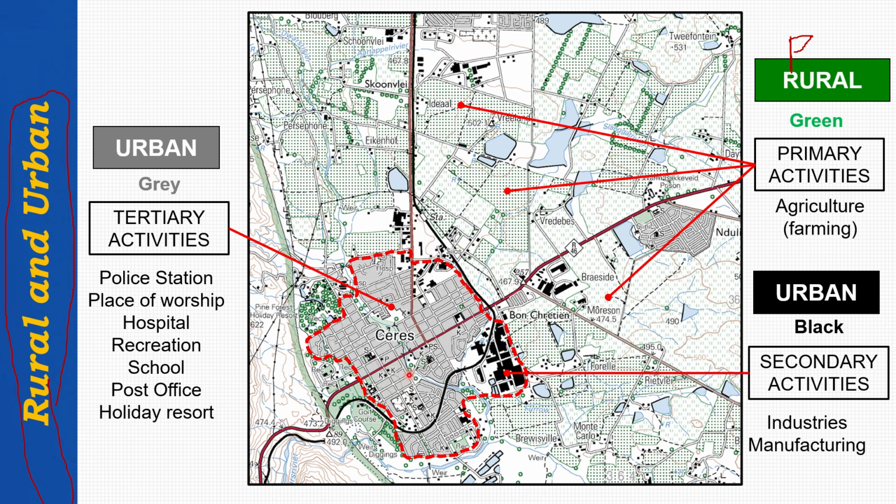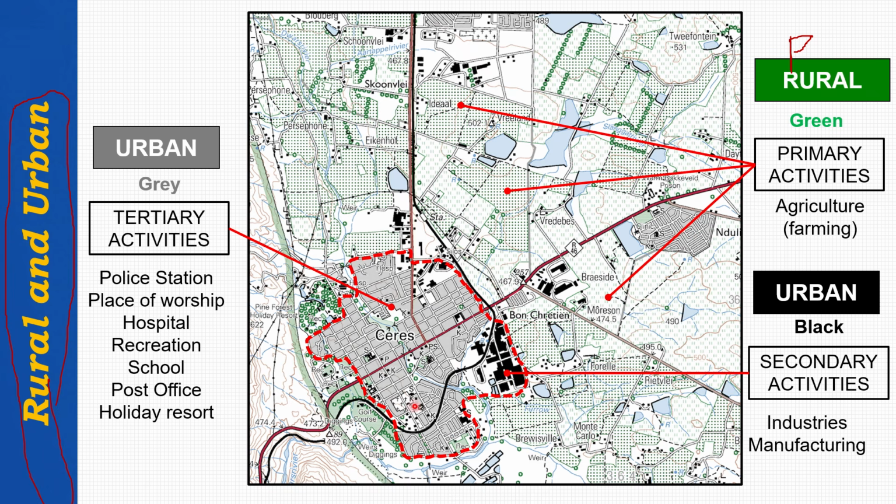And then a P, correct me if I'm wrong, P is for post office, okay? We have holiday resorts, we have schools, recreation, hospitals, all these provide a service. They are tertiary and they are gray. You can see this gray area here, right? So where you see a lot of black dots like this one and gray area, those are urban areas, right? These big black dots, in this black area here, there's industries there, there's manufacturing, right?